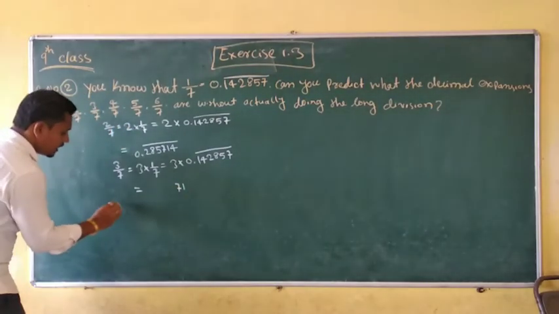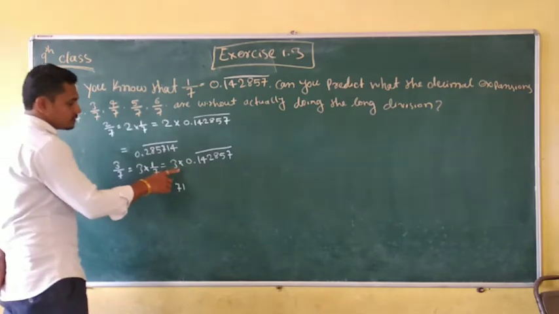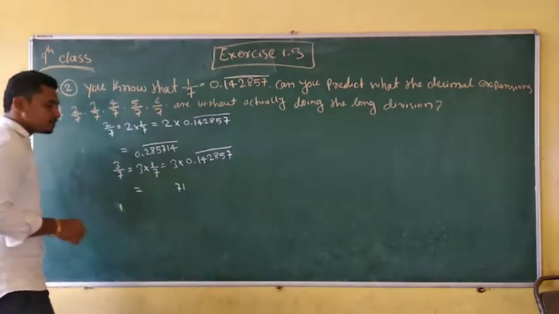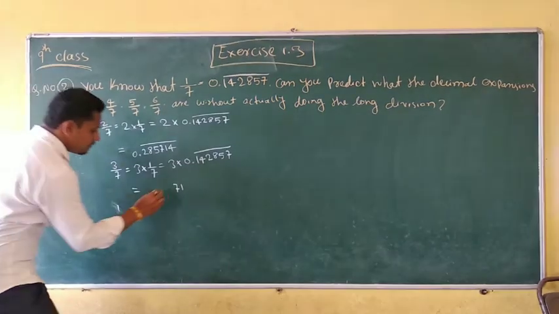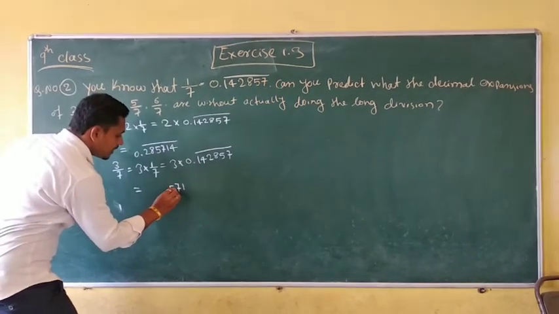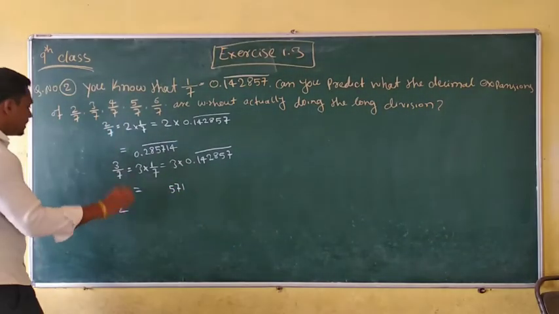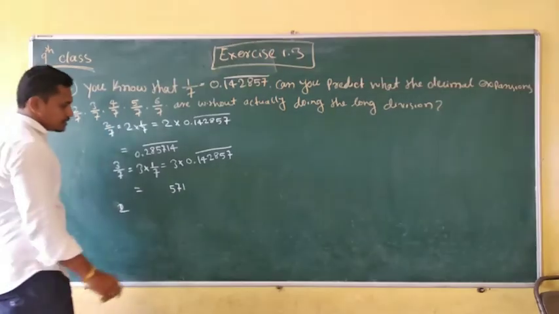So remaining 1. Next, 3 eights are 24. 24 plus 1 is 25. So 2 is remaining. Is it right?